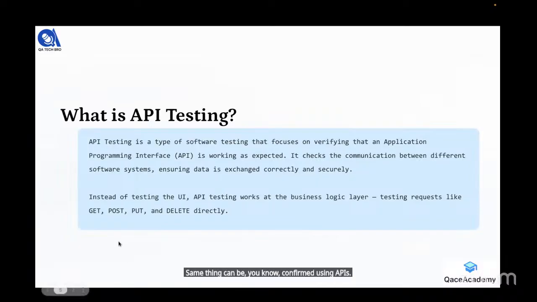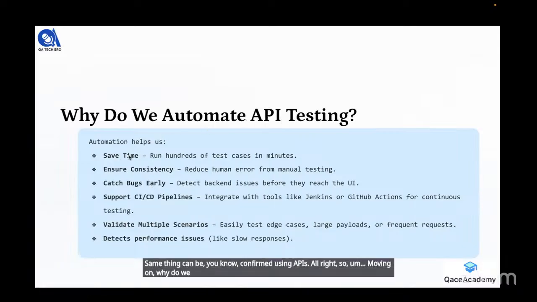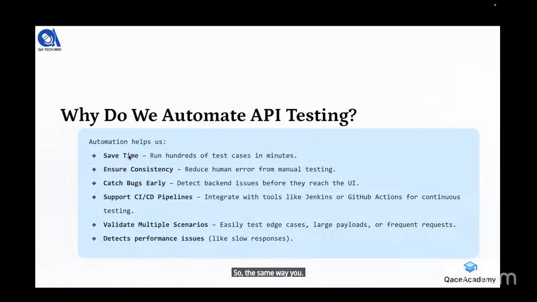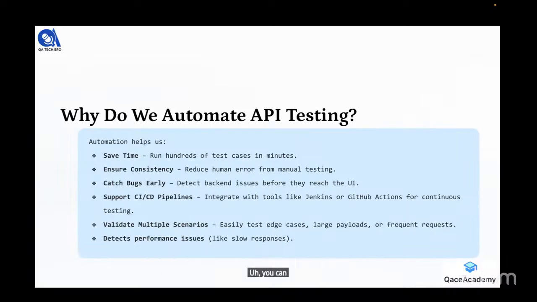All right, so moving on, why do we automate API testing? It saves time. So the same way you automate your website, your UI, run hundreds of test cases in minutes, same thing applies to API testing. And it also ensures consistency. You can catch bugs early with it, because sometimes our backend engineers might break things.